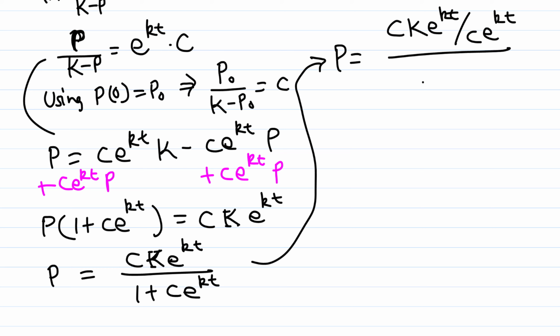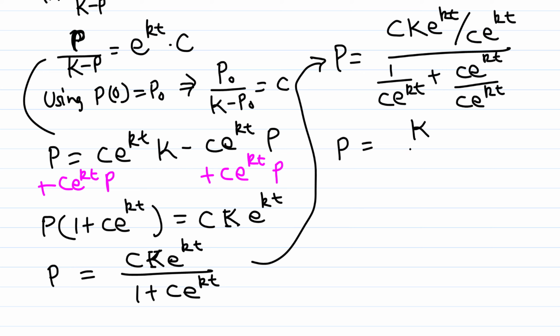On the bottom we got two terms, so we need to divide both. So 1 over C e^(kt) plus C e^(kt) over C e^(kt). So P equals, here just K on the top. This one is 1, right? So I'm going to write 1 first and then this one. So let me write plus 1 over C and move up, just a little bit up, e raised to negative kt.